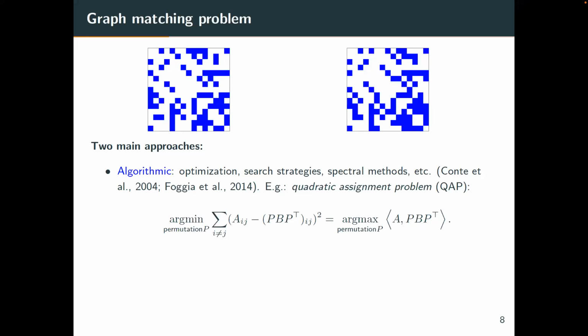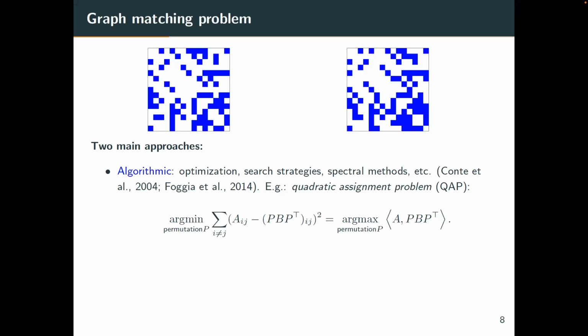Generally speaking, there are two main approaches for solving this problem. On the one hand, there are some algorithmic approaches in which we can formulate some sort of criteria or strategy to identify the correspondence between the rows and columns of one matrix and the other. So here I have two adjacency matrices that are similar, but still a little bit different. There are different optimization strategies, search strategies, some spectral methods, and so on.